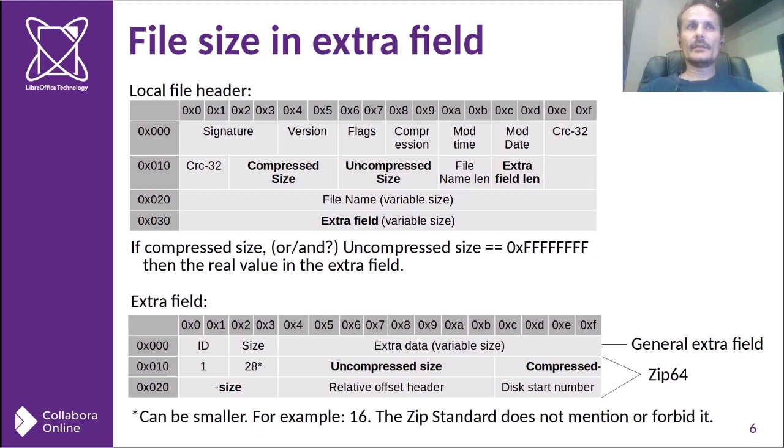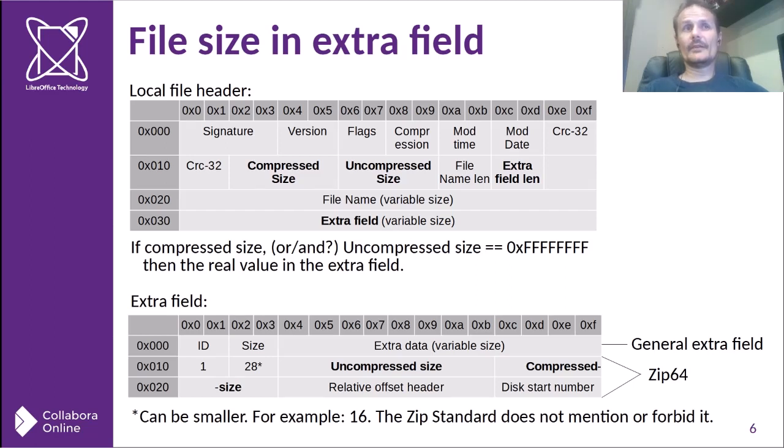The standard states that if the file size is bigger than 4 GB, then we have to write the maximum number we can write into the uncompressed size, and in the extra field we have to write a Zip64 extra field where the uncompressed size will be present.